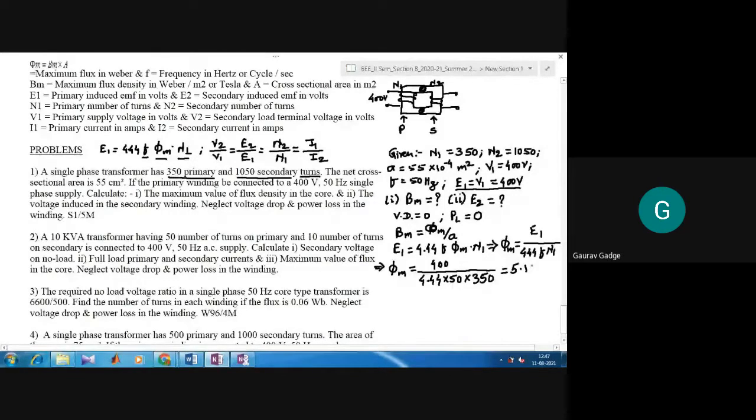Now this is 5.148 into 10 raised to power minus 3, and its unit is Weber. So I just convert that unit into milliweber. Can anyone tell me what that conversion is?